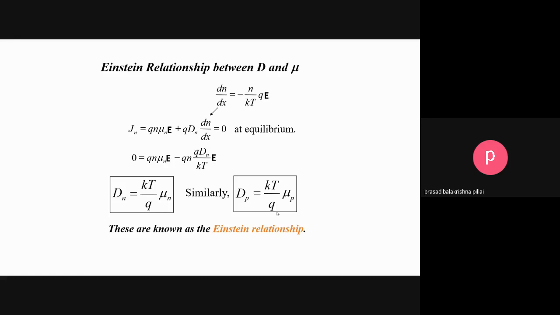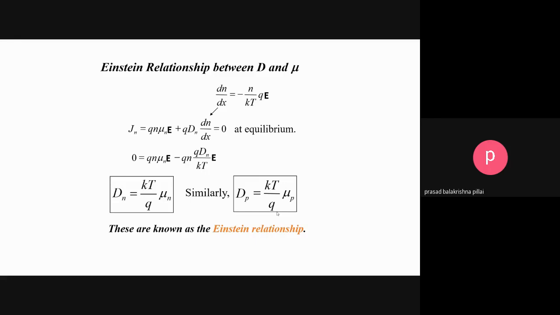That is why we spend some time on understanding kT by q, because you will very often be applying voltages that are multiples of the thermal voltage, comparable to or much more than the thermal voltage.